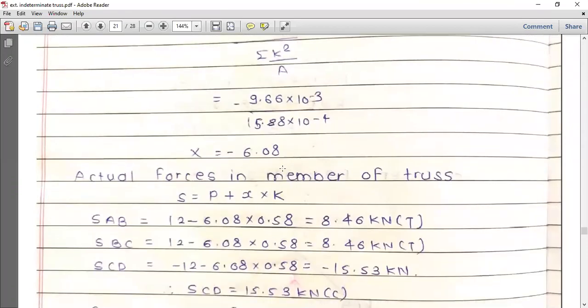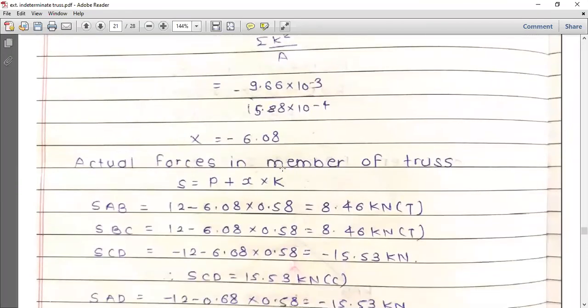Now the last step is to find the force in all the members of the truss. The formula is F equals P plus XK.